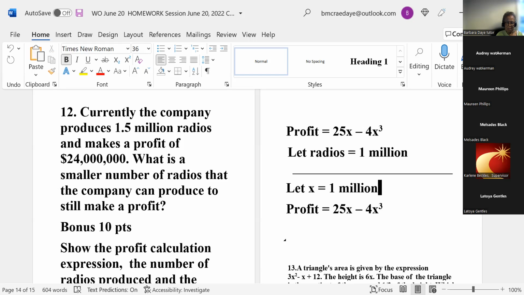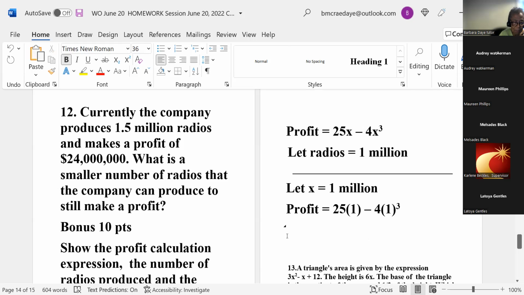Is that where I should put it? No, you would substitute. You're getting 21, but you're putting for the x a 1, right? Wherever you see an x, put a 1. So this will be a 1 here. That's what I'm doing, but I didn't put it in parentheses. It didn't have to be in parentheses.